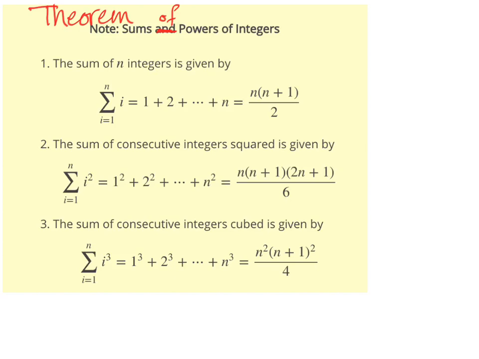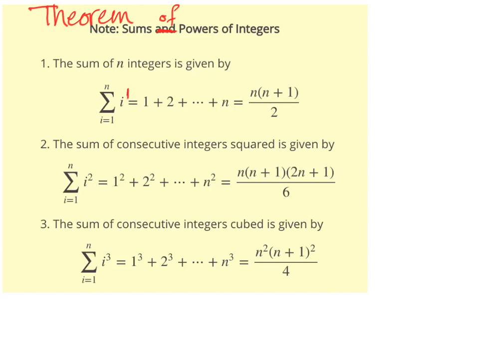If you look at the formulas, there are 3 formulas in this theorem. The first one says, as i goes from 1 to n, we're taking the sum of i, which is i to the power 1. So there should be a 1 there.